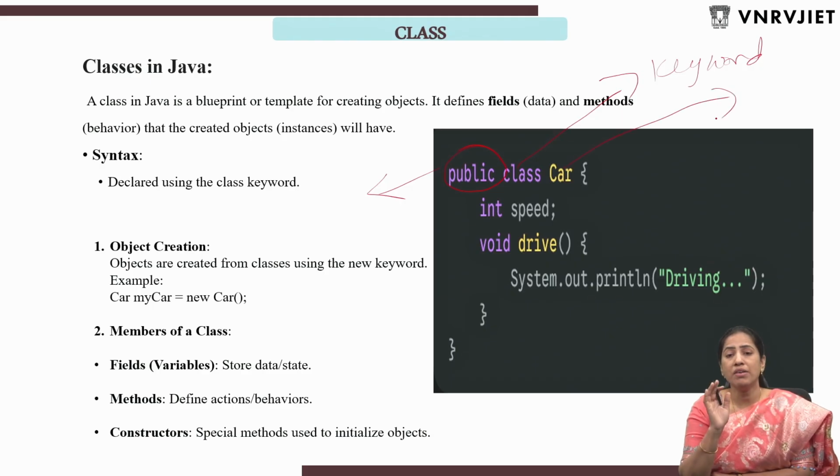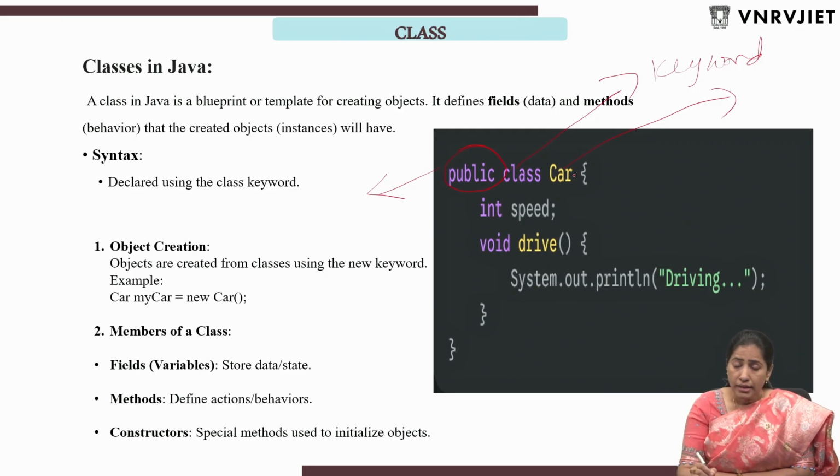Car is the name of the class, which can be a user-defined name following the rules of how to create user-defined names. The user-defined names cannot start with a number or special character, and so on. Whatever the rules are, following those rules, user-defined names will be created. Like that, the class name also follows the user-defined rules.